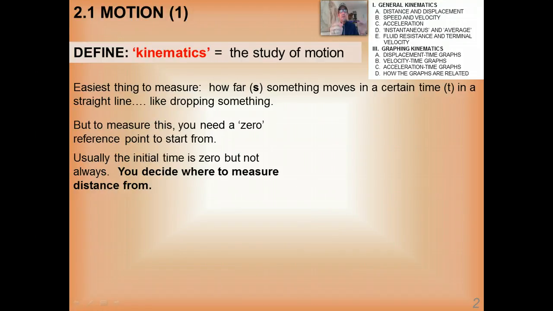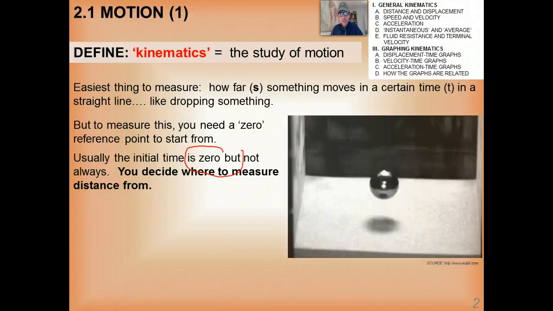So say I drop this pen, and I define my distance equals 0 to be right at the very beginning when I start my timer, for example, when t equals 0. Then that's a very convenient way to measure the distance and the time while that pen is dropping. So usually the initial time is 0, but not always. And basically it's up to you as an experimenter to decide where you want to measure the distance from.